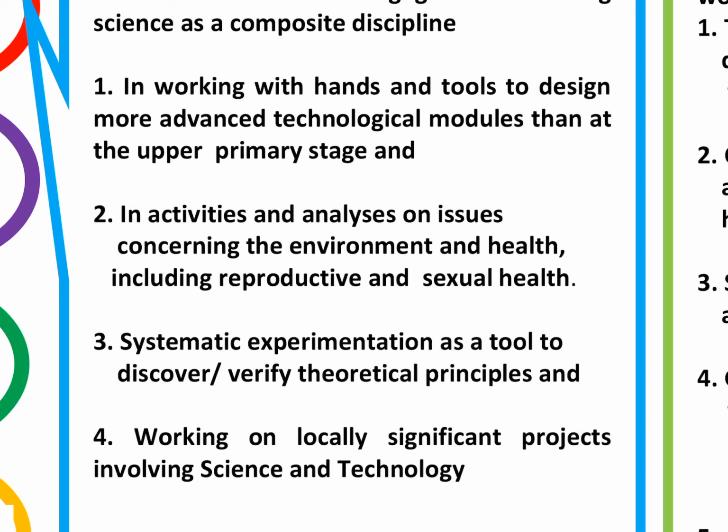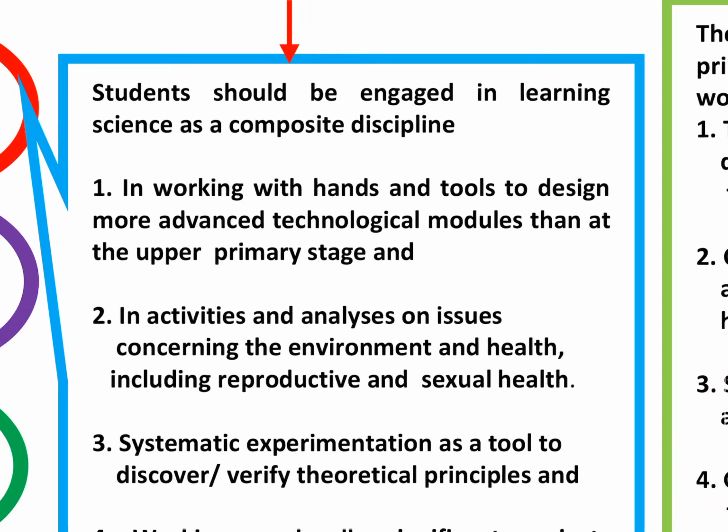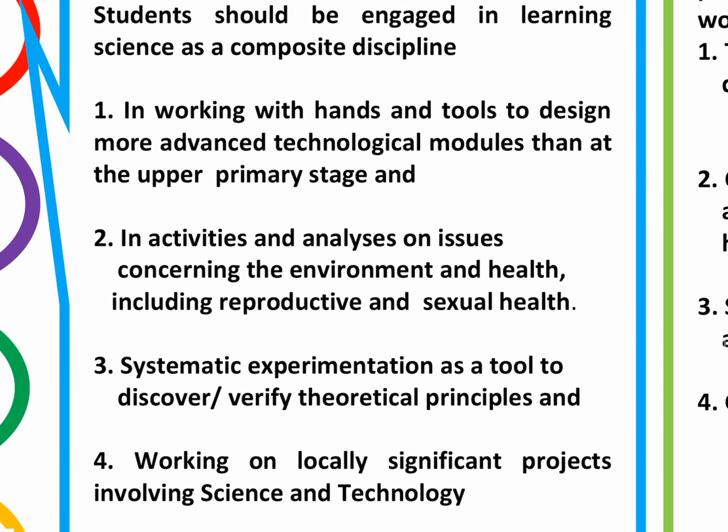So this is very particularly emphasized because in this secondary stage the students are in adolescent age, so at that time they should be knowing about their own physiological system and also their immediate environment.